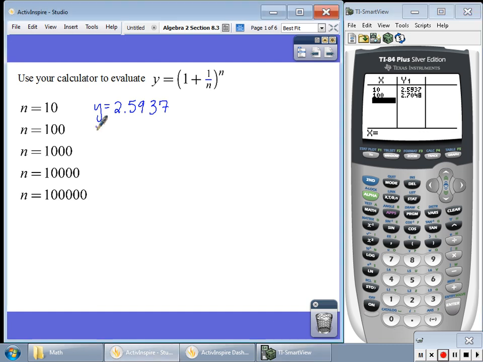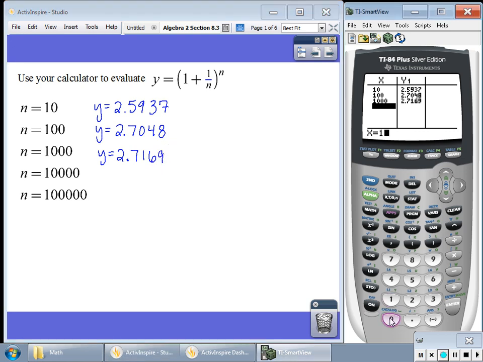And we're getting y is 2.7048. When x is 1,000, y is 2.7169.